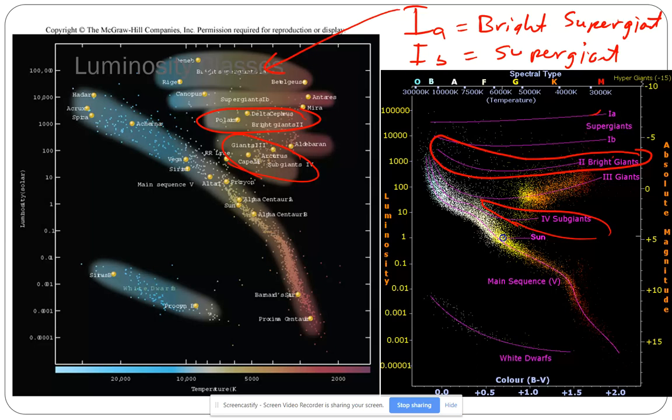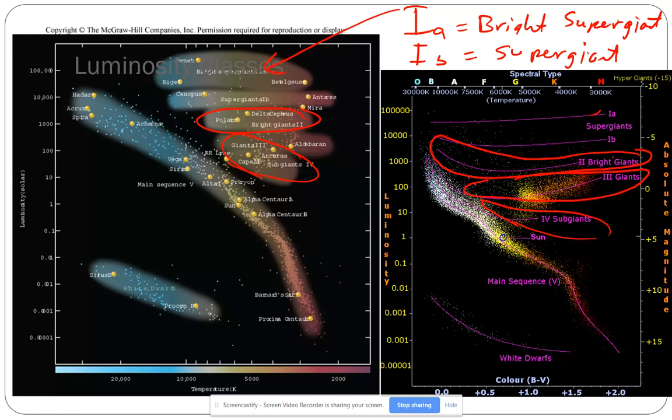Notice this shows them extending up close to the main sequence. So I better circle the 3s just so we can have them all delineated. So Roman numerals 1a, 1b, 2, 3, and 4 are all some type of giant.